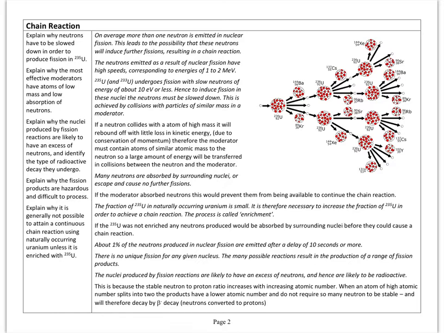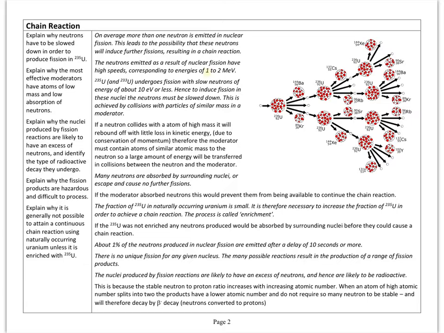However, if you're tempted to go out and make a nuclear bomb, it's not quite that simple, and let's explain why and how. So firstly, these neutrons are emitted with very high speeds corresponding to 1 to 2 mega electron volts of energy.